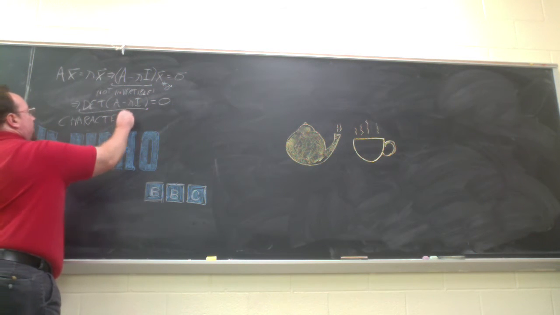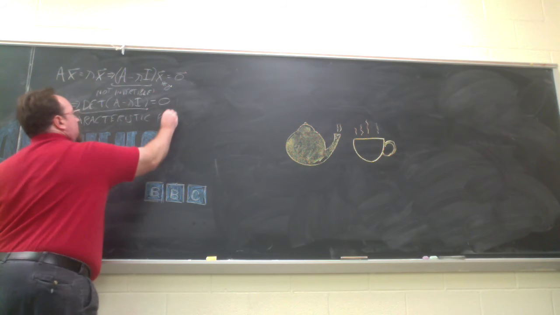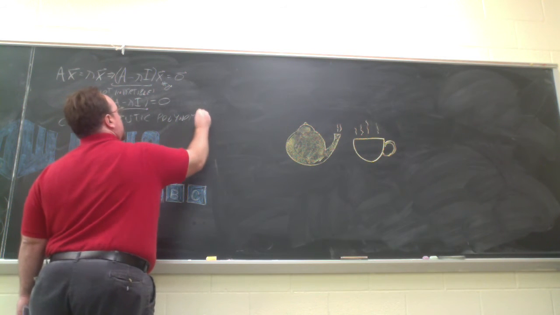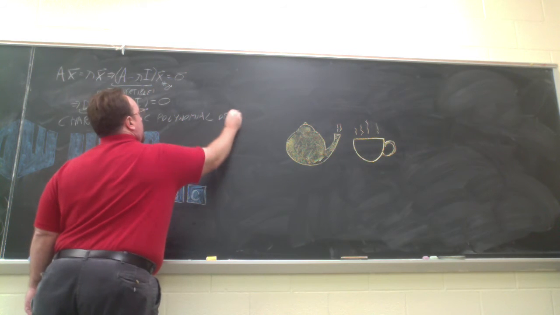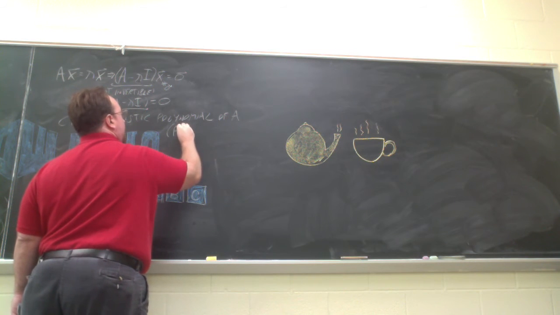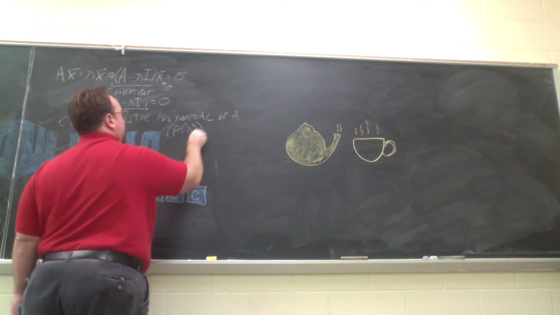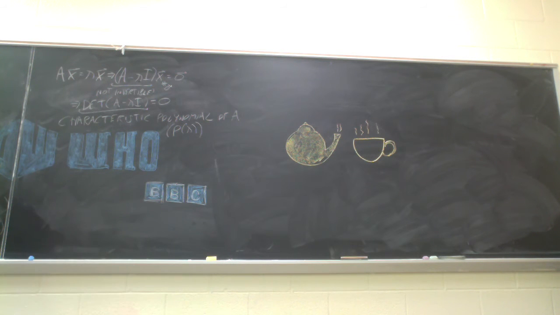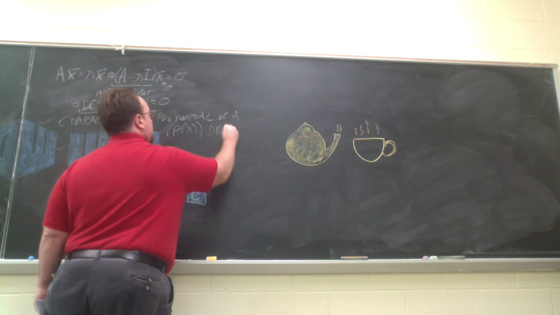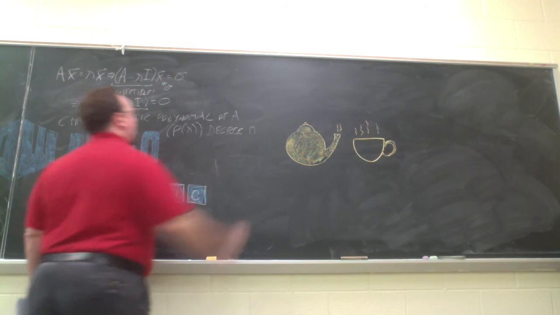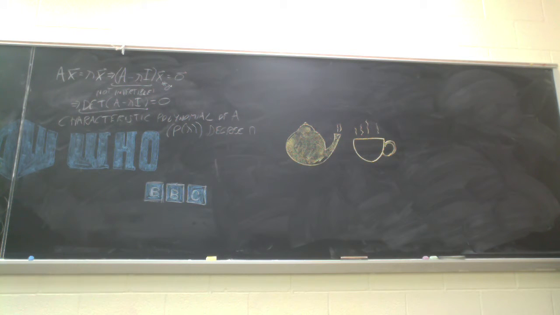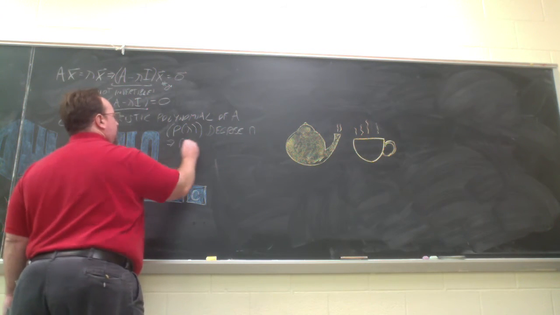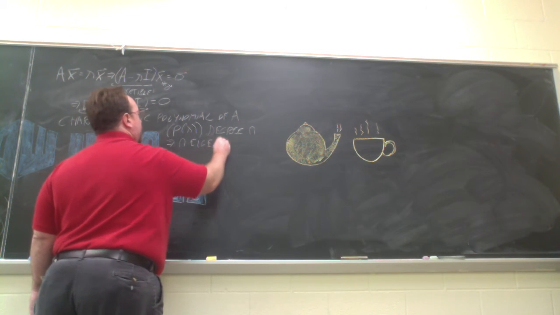So it's the characteristic polynomial of A. Let's call it P of lambda, just to call it something. And because A is an n by n matrix, it has degree n. So you have a polynomial of degree n, therefore you have n roots. So what you get is an n by n matrix and n eigenvalues altogether.